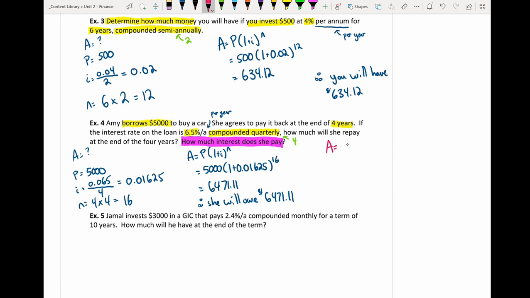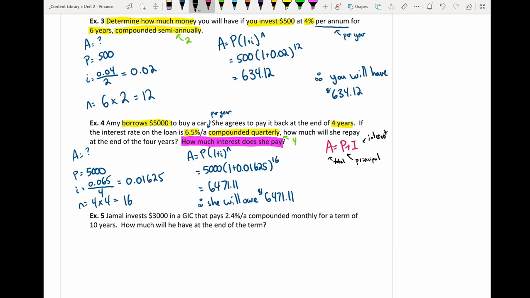Remember, A equals P plus I, right? So the future amount, or the total, is equal to your principal plus your interest.